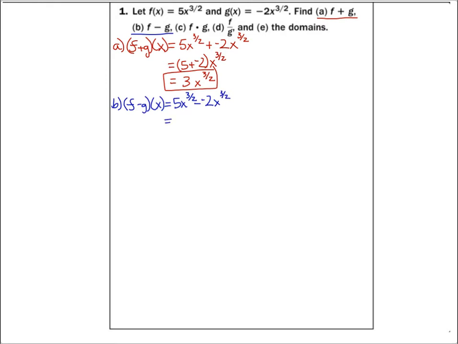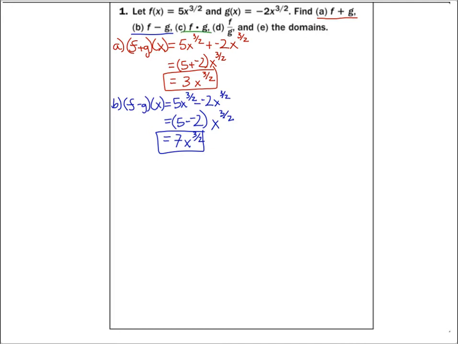And so, again, if you want to make it extra exciting, you can factor out the coefficients, noticing that they're like terms, and you end up with 7x to the 3 halves. And that's an answer. It's also the right answer, which is good.